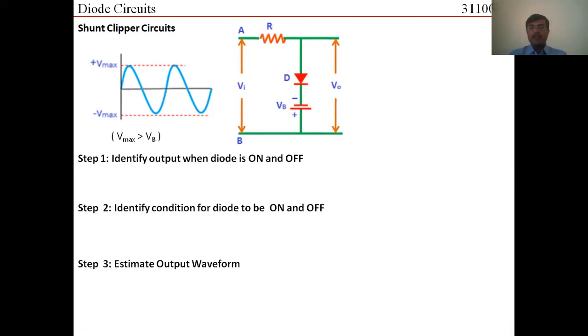Try to take your pen and notebook, work out these three steps and try to estimate the output voltage. Yes, you may pause the video, and once you are done with it, we can restart. Very fine. I am sure you would have worked this out, and many of you would have got the correct answer. Fine. Let us try to analyze this.